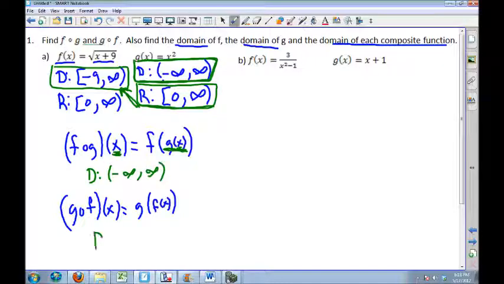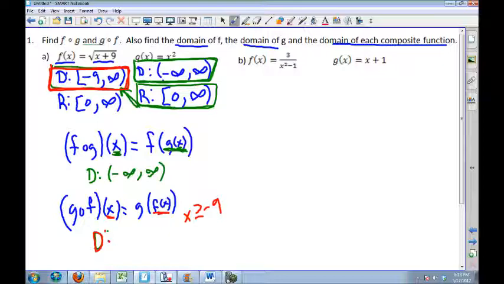My domain for g composed with f, let's take a look at that one. Do that one in red. This domain for f. Well, the first value of x I have, I plug into f of x. So I'm starting with values of x between negative 9 and infinity. So already I have a restriction. Values of x in this function have to be greater than or equal to negative 9.